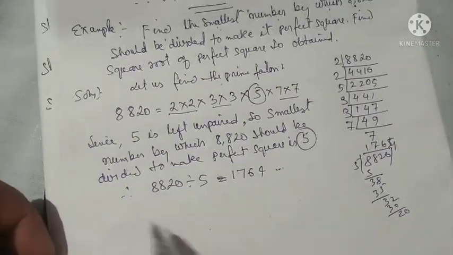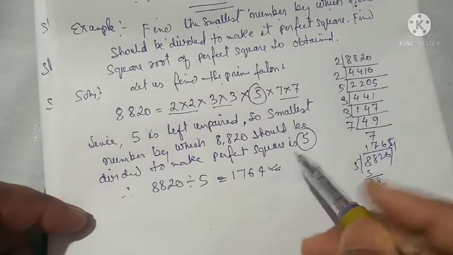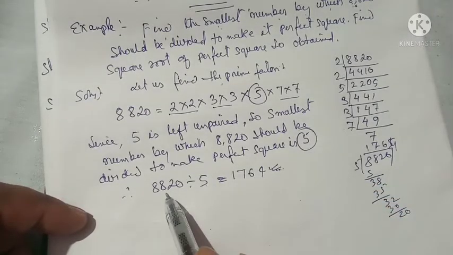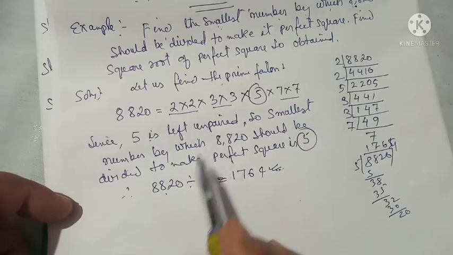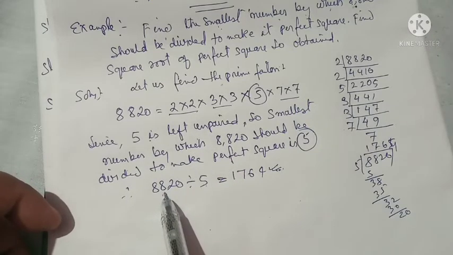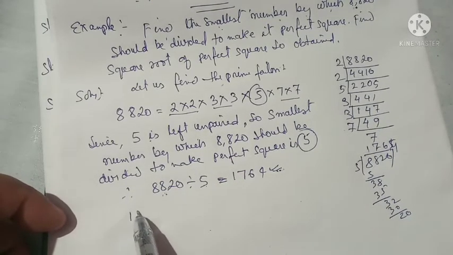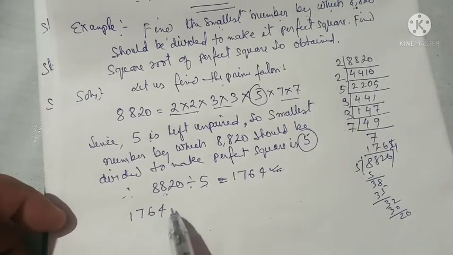So now this is the new number that we got after the unpaired number 5 divides the given number. So we are going to find the square root of 1764. What is the square root of 1764?